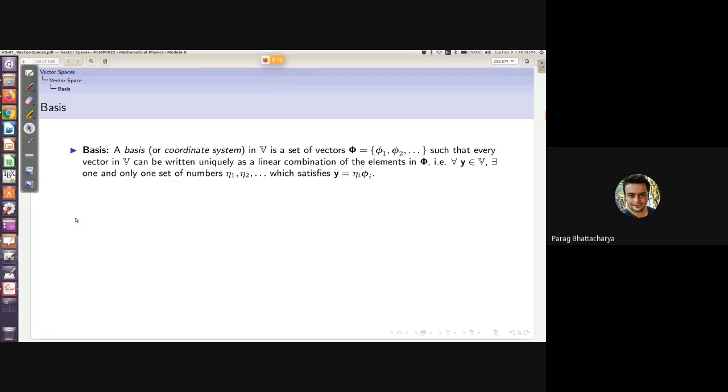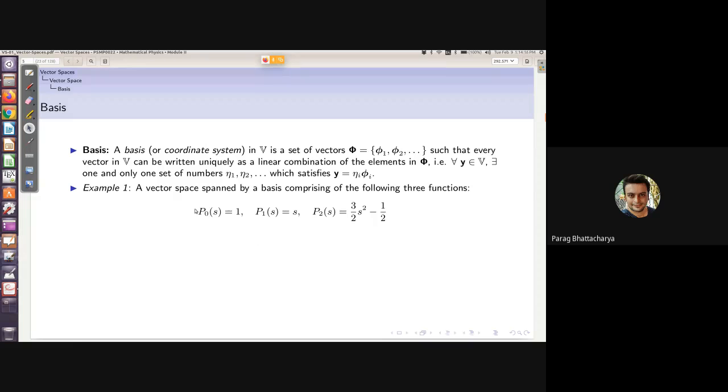All right, so now let's take an example. We'll consider a vector space which is spanned by a basis comprising the following three functions: p0, p1, and p2. Are you all familiar with these functions? P n of s, what are these?